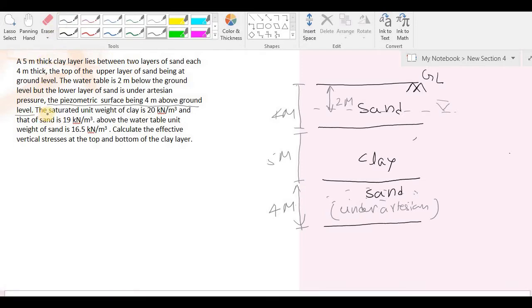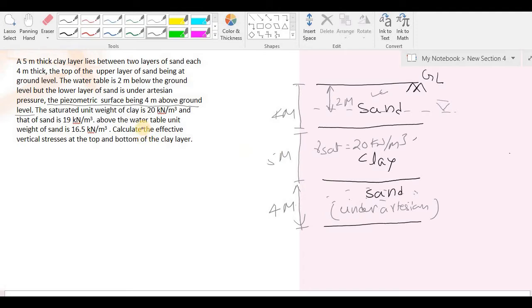Okay, next. The saturated unit weight of clay is 20 kilonewton per meter cube. So here gamma sat equal to 20 kilonewton per meter cube. And that of sand is 19 kilonewton per meter cube. Here the sands are 2. This is also sand and this is also sand.